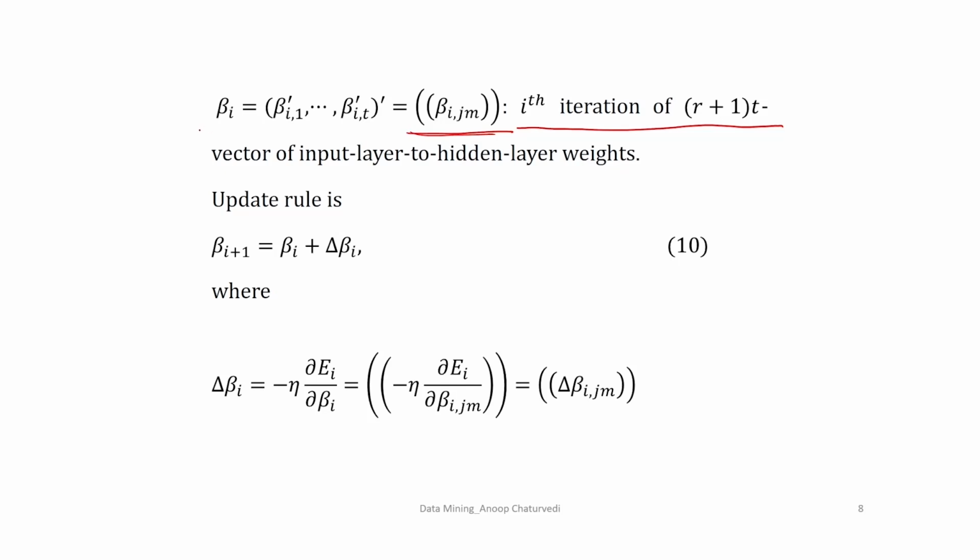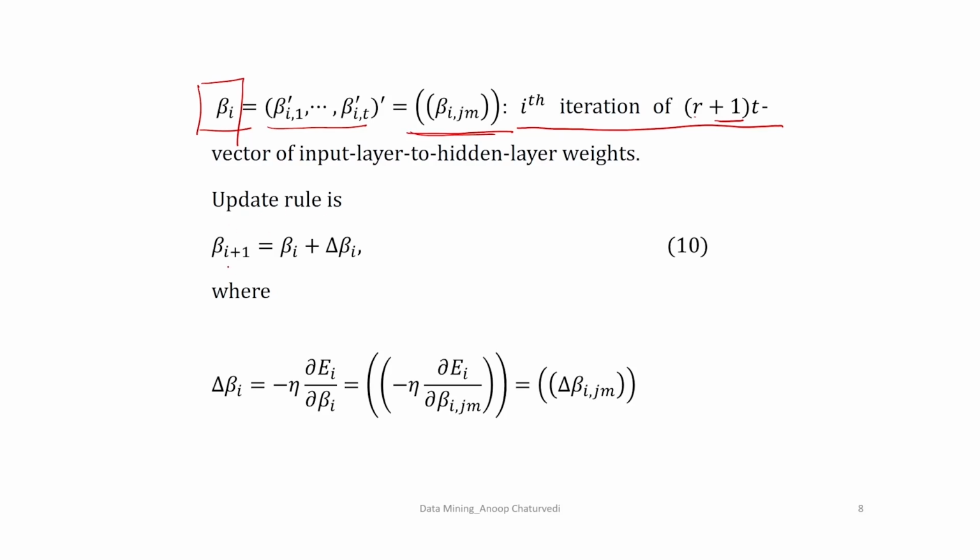So, at the ith iteration you are getting this weight vector. Total number of elements of this vector is (R+1) into T. Remember, you have R input variables and then x_0 is equal to 1, the term corresponding to the bias.